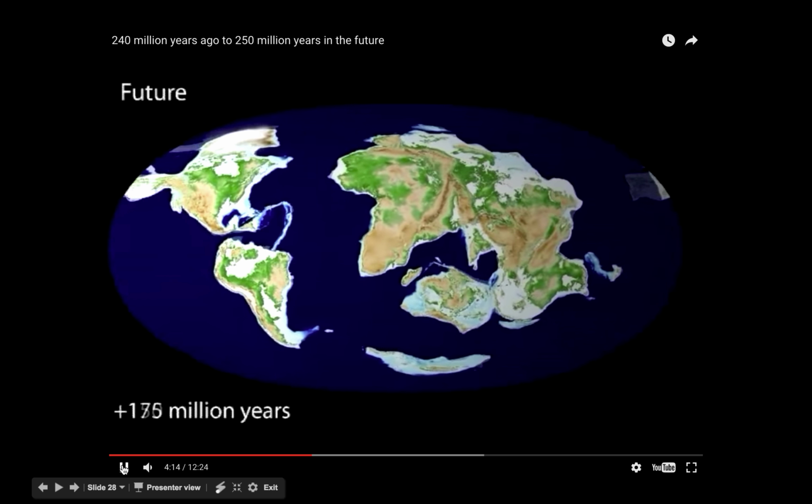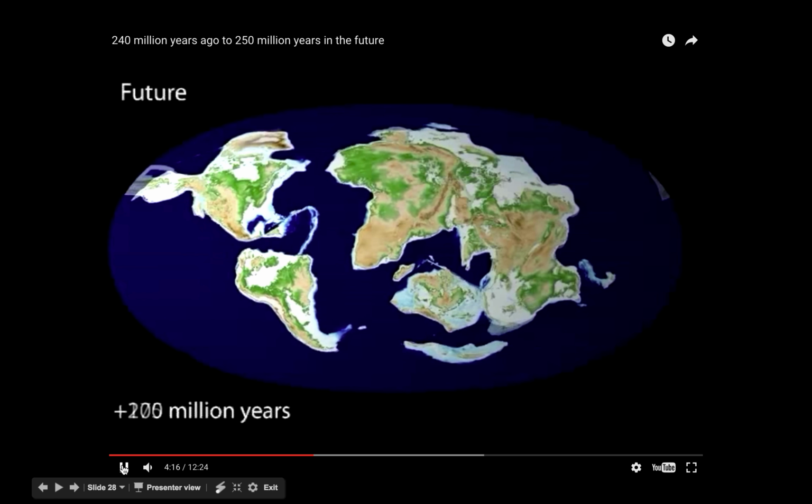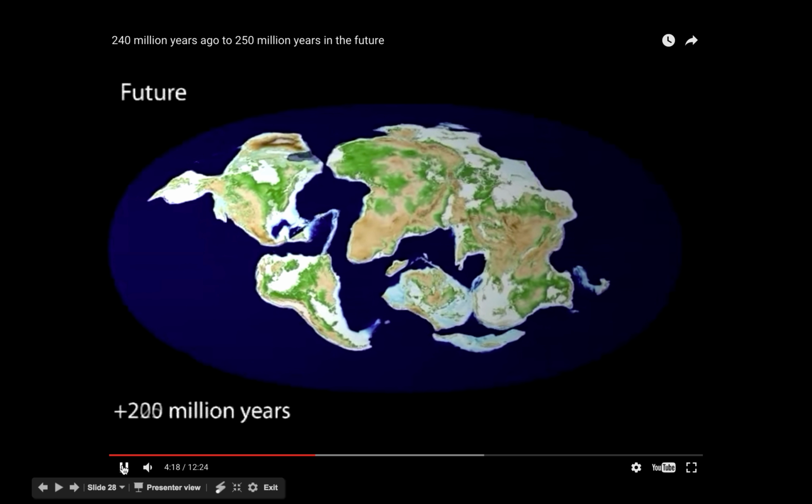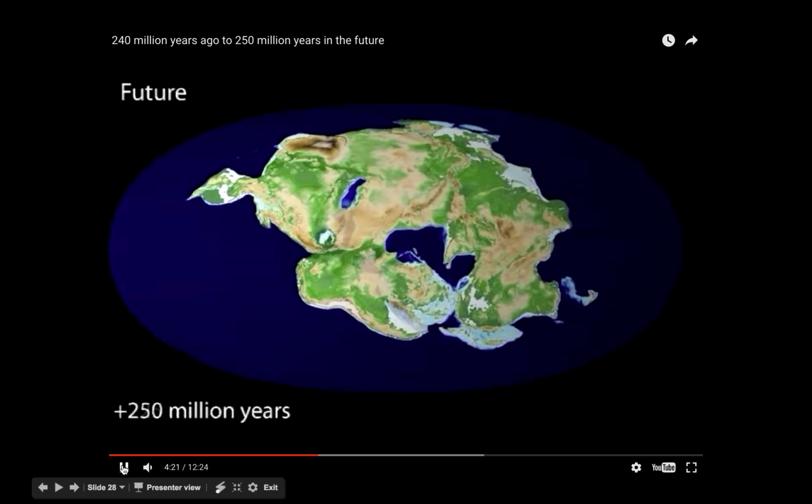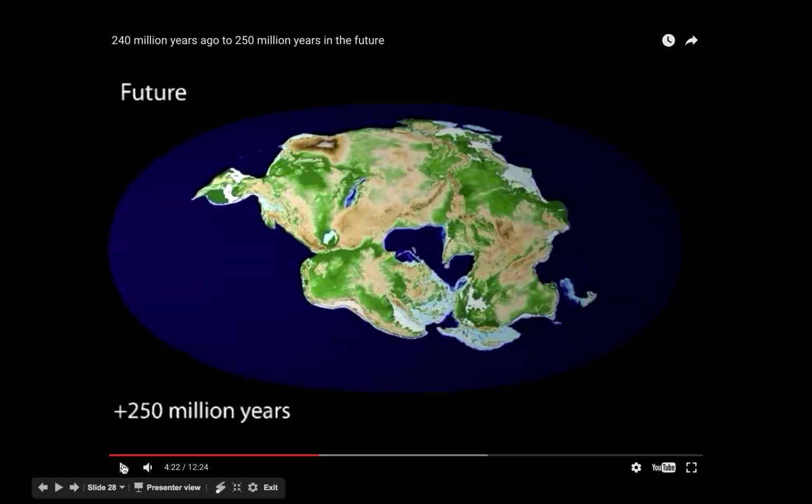So as we go forward, 250 million years into the future, we end up with another supercontinent, right? And then remember, because this continent is covering so much, that heat is going to build up. This is like a big blanket on the Earth.